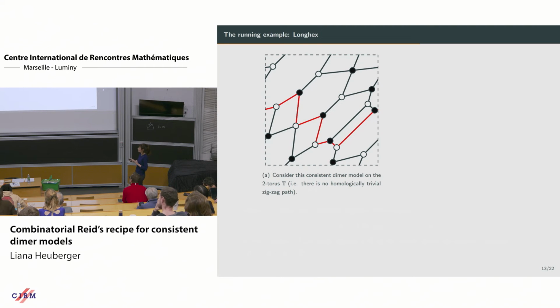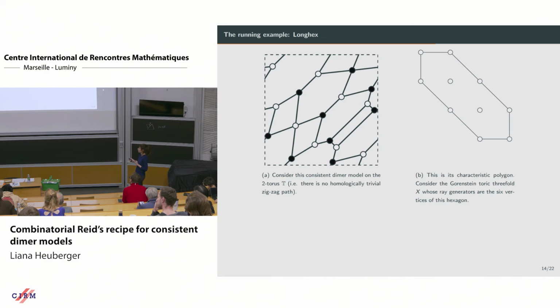When you consider such an object, there is a combinatorial way to create a polygon, which is called its characteristic polygon. And now what we do is simply consider the Gorenstein toric threefold whose ray generators are the vertices of this polygon.